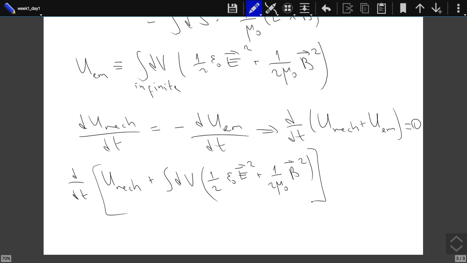Now this time, I'm not taking the volume to be infinite. It can be finite. So the mechanical energy over here will be the mechanical energy of the charges in my volume. There might be some other charges outside, I don't really care.